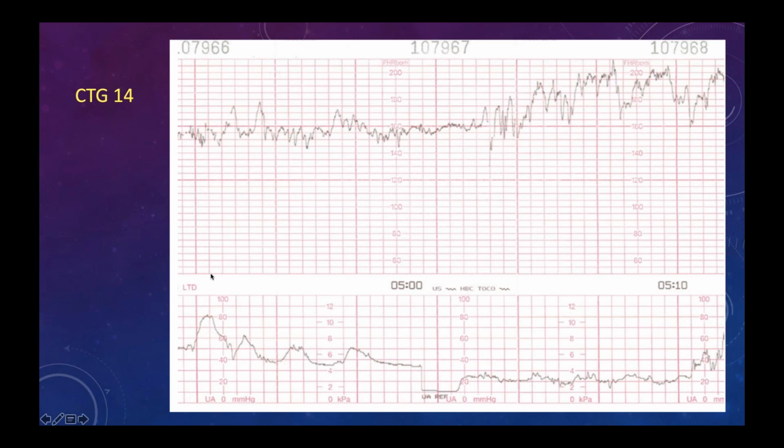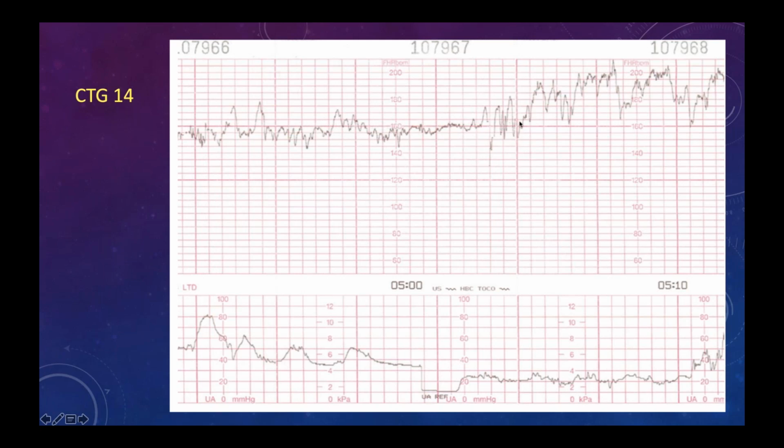So if you see this part, from here to here, this will be 10 minutes. So this will be the part where there had been no uterine activity. If you see it here, this will be your baseline. So baseline is coming nearing 160.